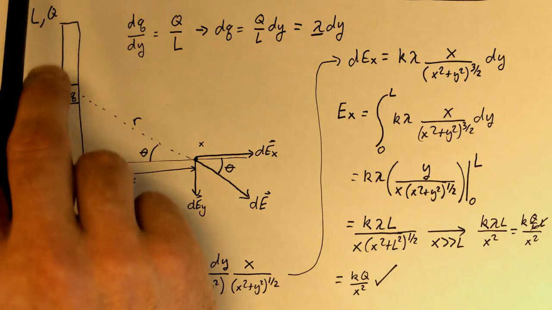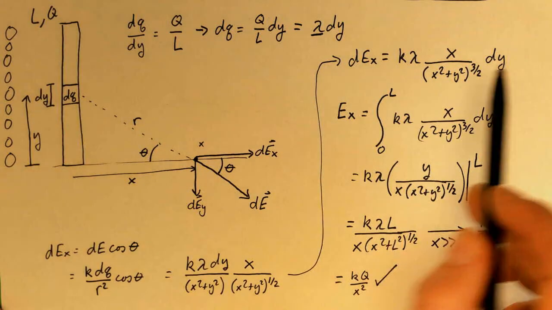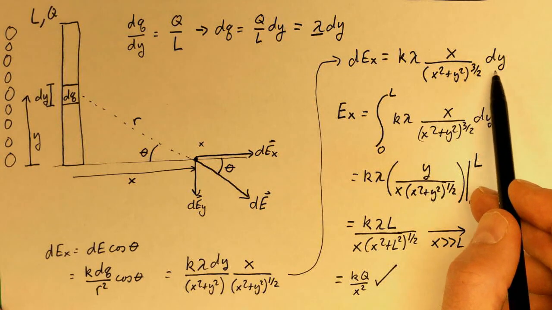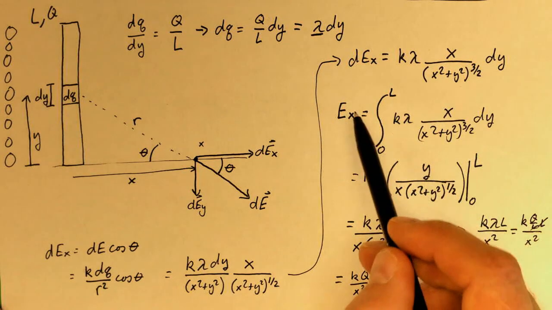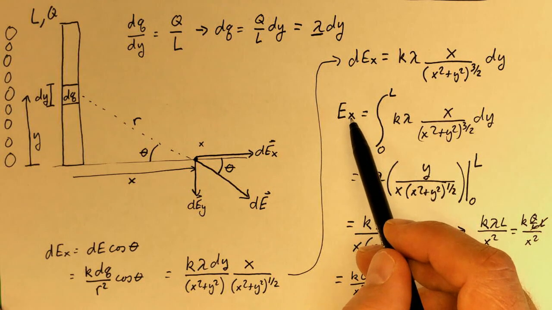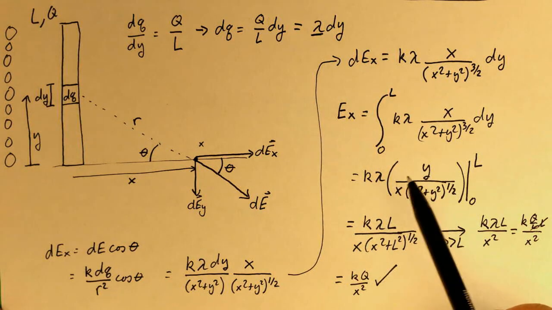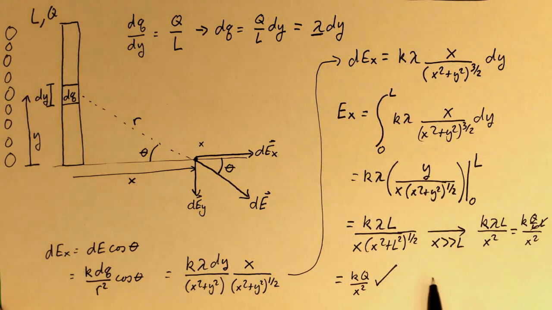It could be described very conveniently as its position along y. So dy was a convenient integration variable. And then we just have to integrate it to find the component of the total electric field for the entire charge, and then we do some math. But lastly, we came back and did some more physics to think about whether it makes sense in some limit that is useful.